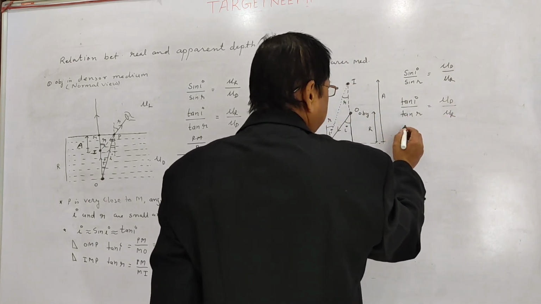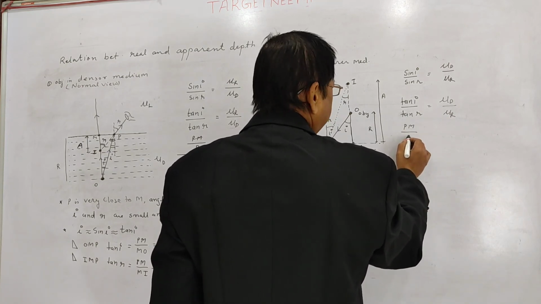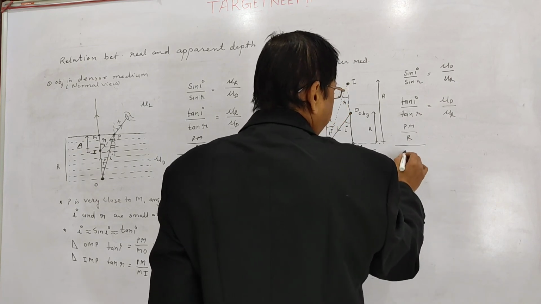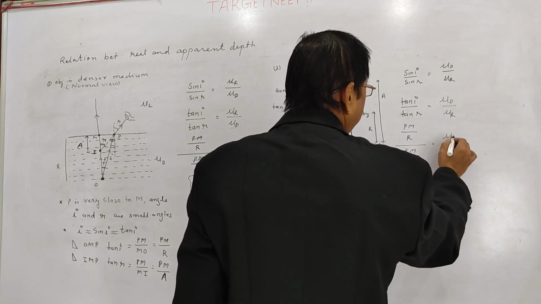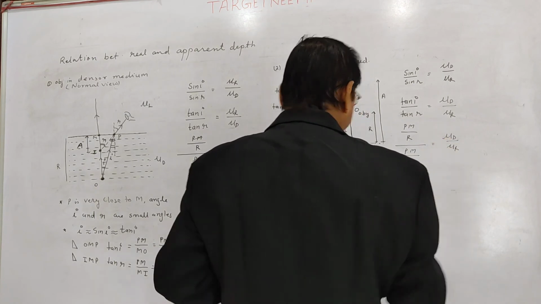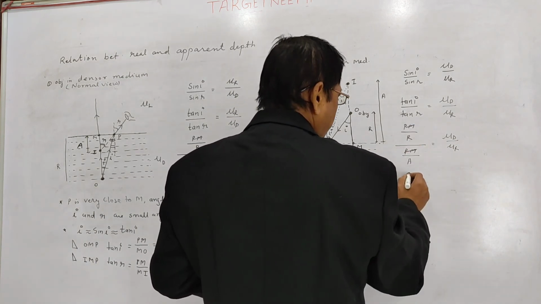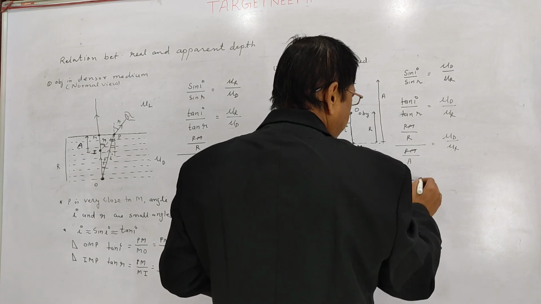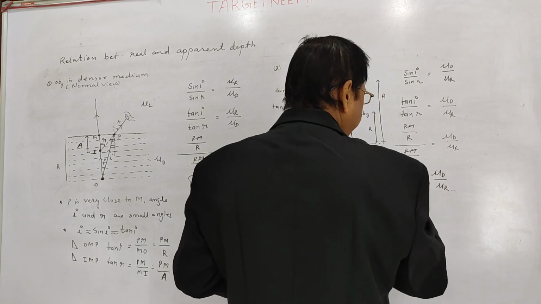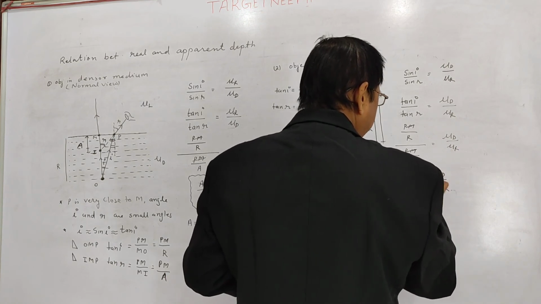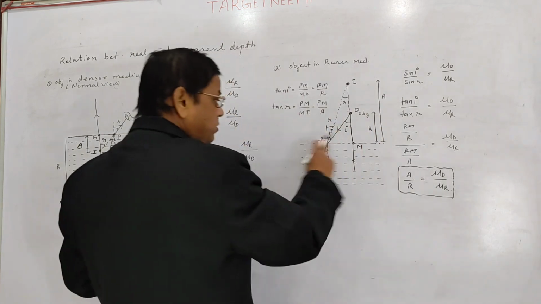So tan i is PM divided by r, and tan r is PM divided by A, is equal to mu d upon mu r. Now PM cancels, so A divided by r is mu d divided by mu r. So this is the relation between apparent height and real height of the object from the surface.